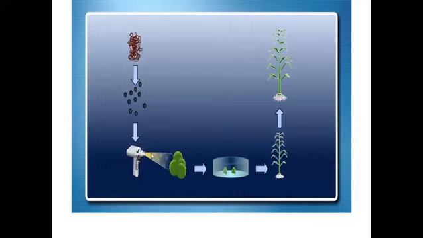The tDNA bullets are transferred to target plant cells. These are large in size, macro gene bullets, and they rupture the target cell wall.